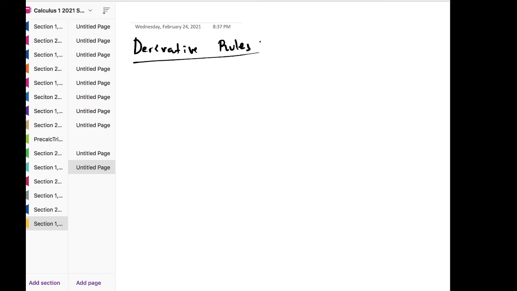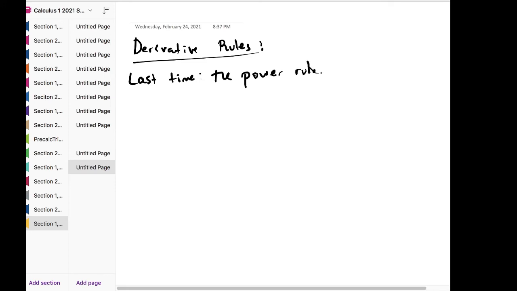Last time, a lot of what we did was prove the power rule, that the derivative of x to the n is n x to the n minus 1. That's what we established last time.